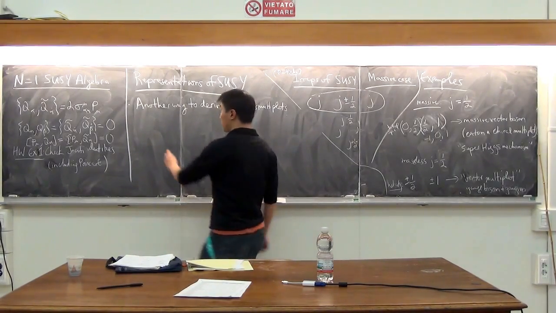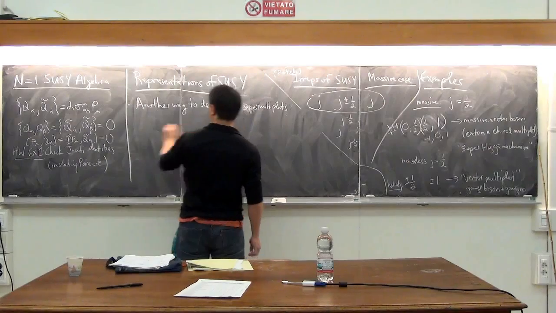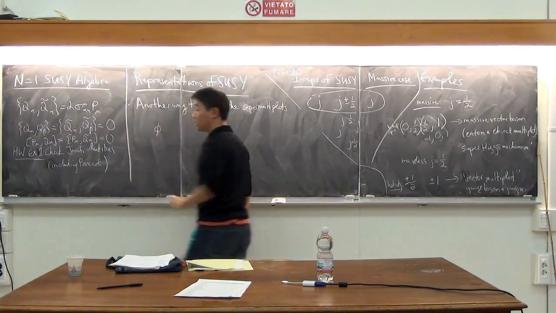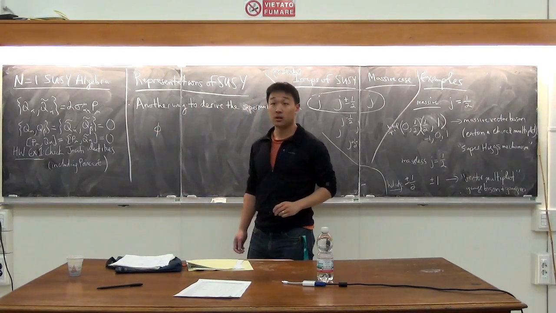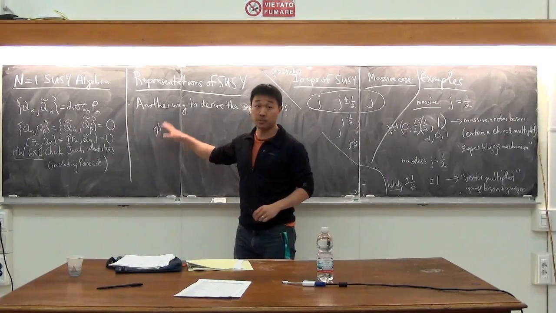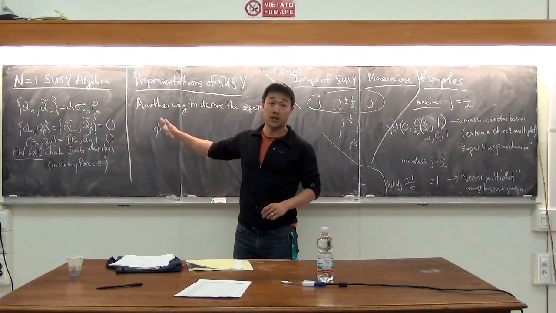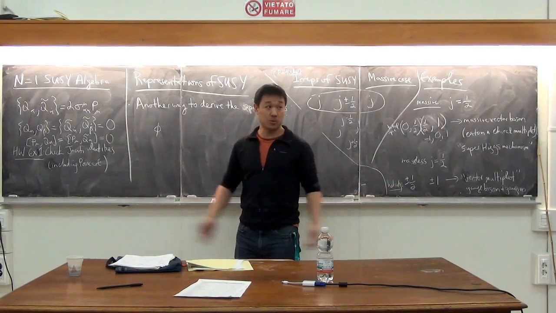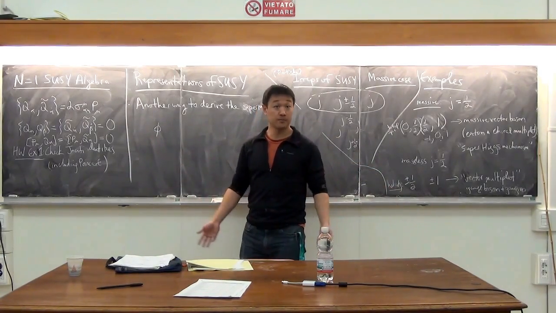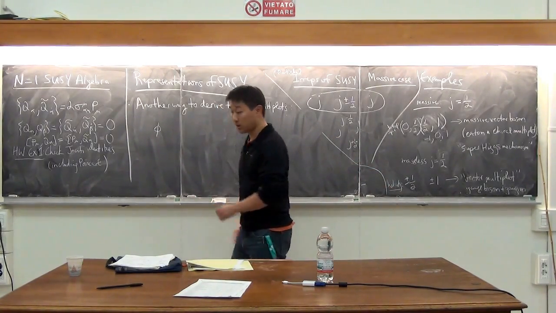Start with a field, let's just start with a scalar field, for example. We want to fill out the supermultiplet that the scalar field is in. So why not just keep acting with the supercharges and see where that leads you?